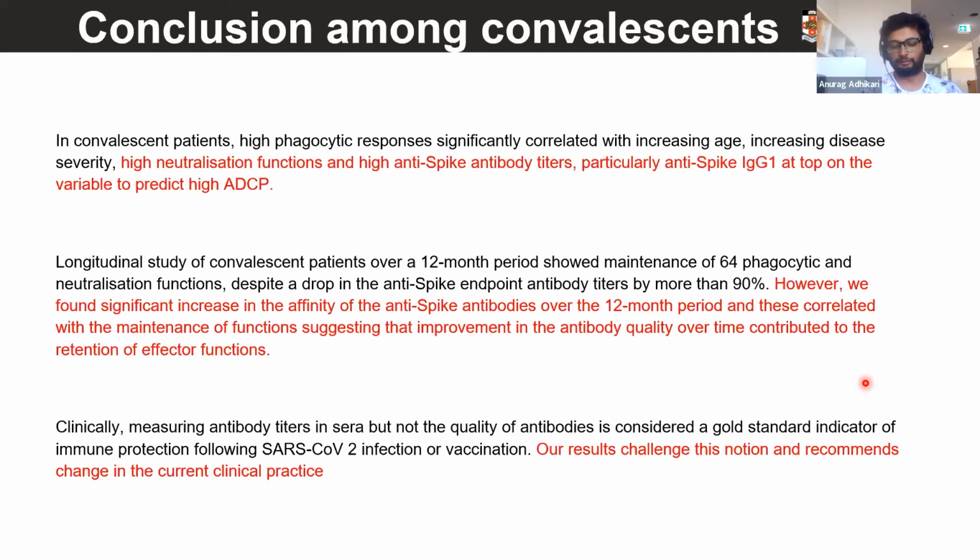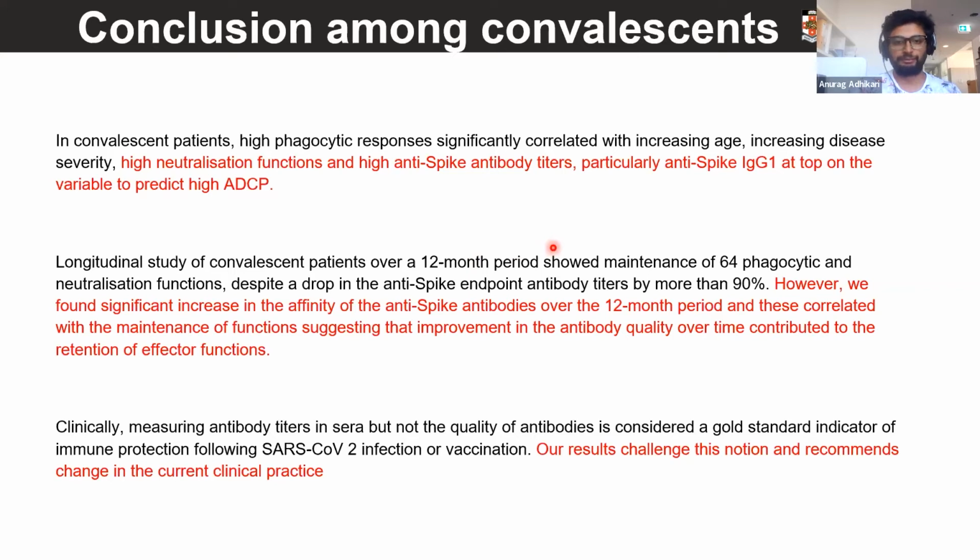We didn't do it for other functions because ADCP was one of the primary outputs for us. And what we saw was if the patient has early on a higher anti-spike IgG1, you would expect the patient to induce or maintain higher ADCP in the long run.